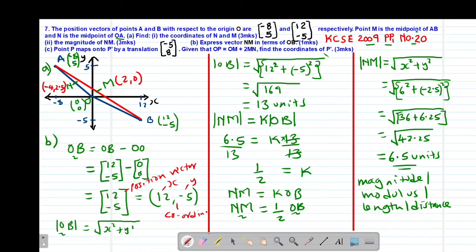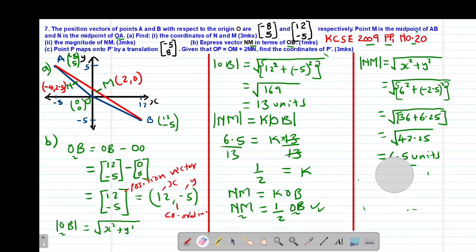Therefore, we have expressed NM in terms of OB. Remember, if the question was to express OB in terms of NM, the answer would be OB equals 2NM. You simply multiply through by 2. Then we move to part C of the question.